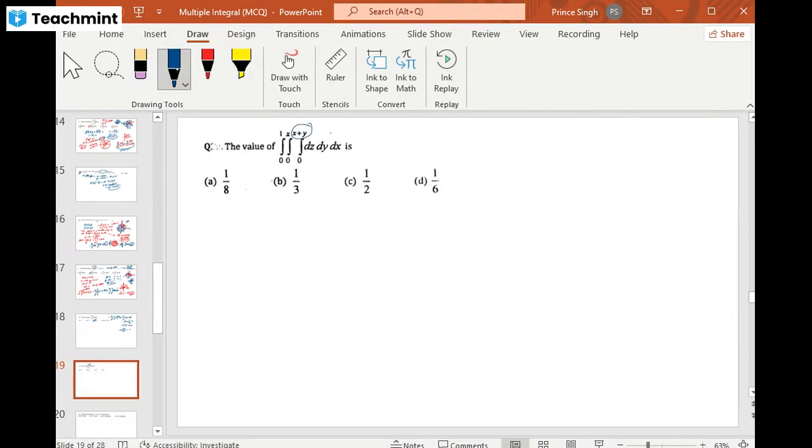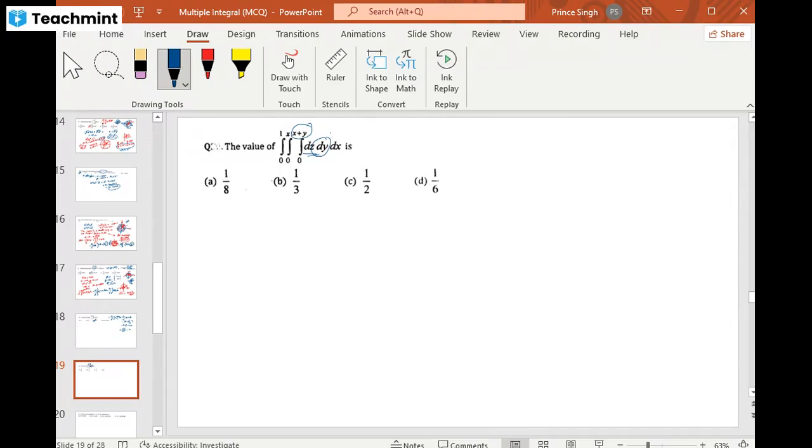So out of three variables, which variable is missing? Z. So this limit is of variable z. Then the second integral, its limit contains variable x. So z is already over, and it contains variable x, so which variable is missing? Y. It means this limit is of variable y. Automatically the outermost limit is of variable x.